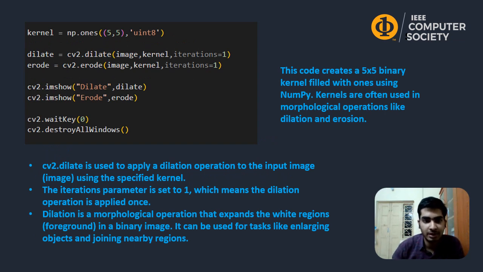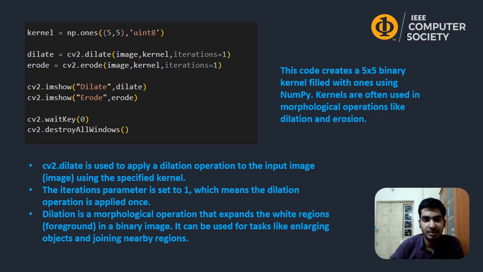Kernel equals np.ones(5, 5). This code creates a 5 by 5 binary kernel filled with ones using numpy. The kernel is often used in morphological operations like dilation and erosion. cv2.dilate is used to apply a dilation operation to the input image using the specified kernel.